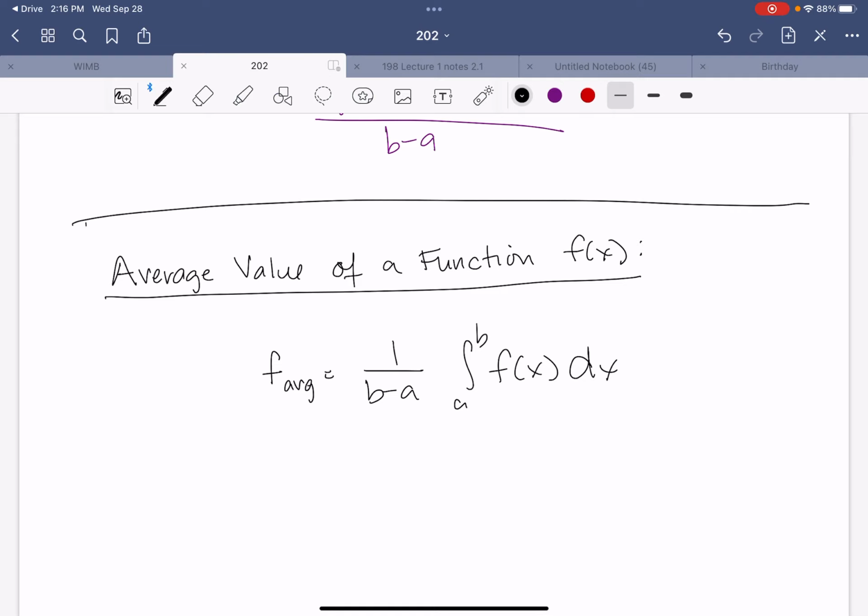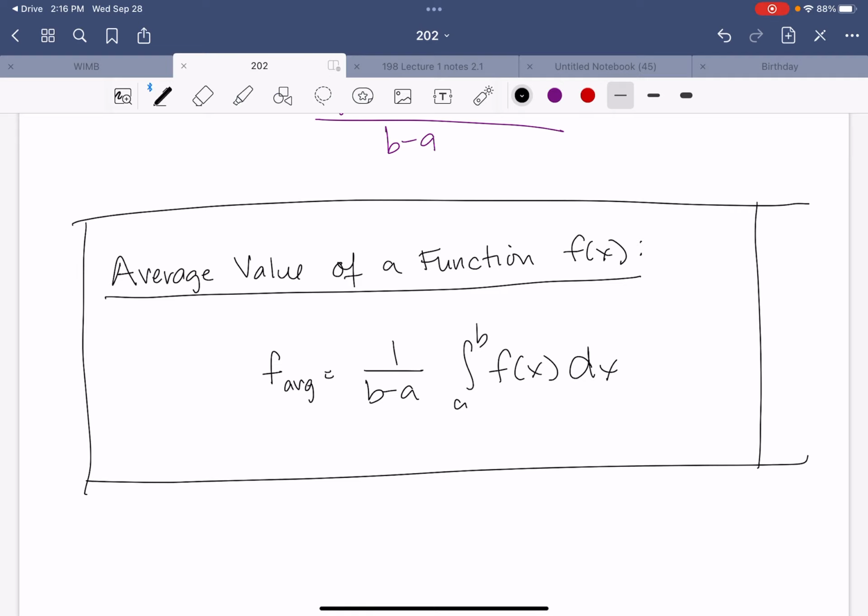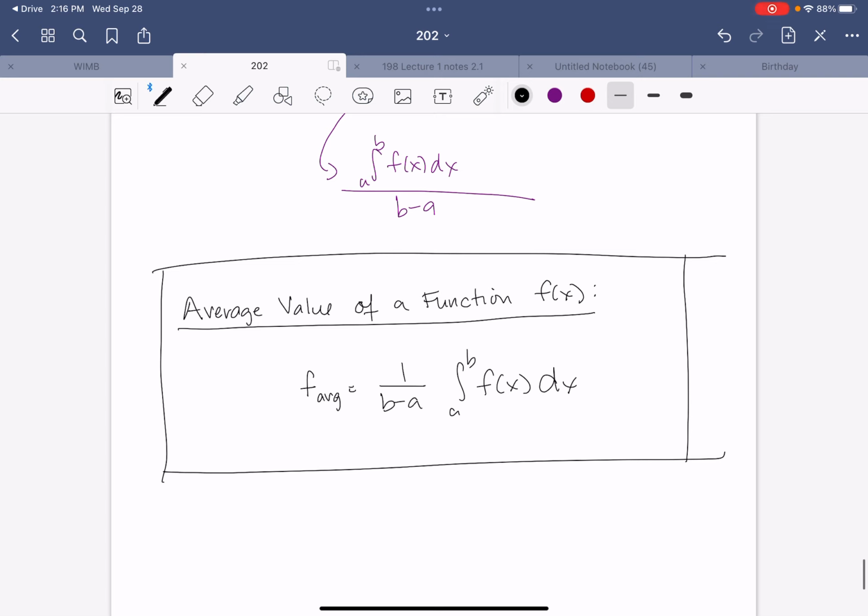I'm just going to put that in a box for you. So the average value is just 1 over the length of the interval times the integral of that function over the interval.